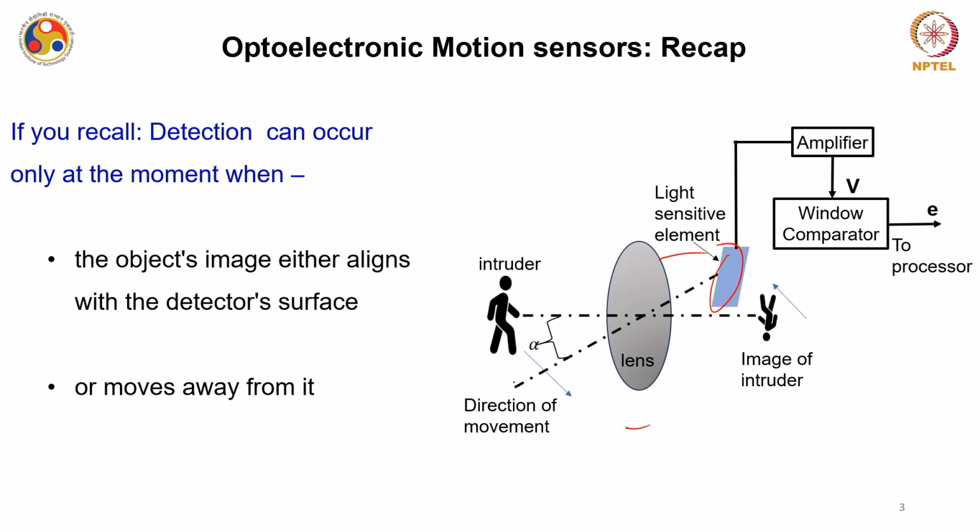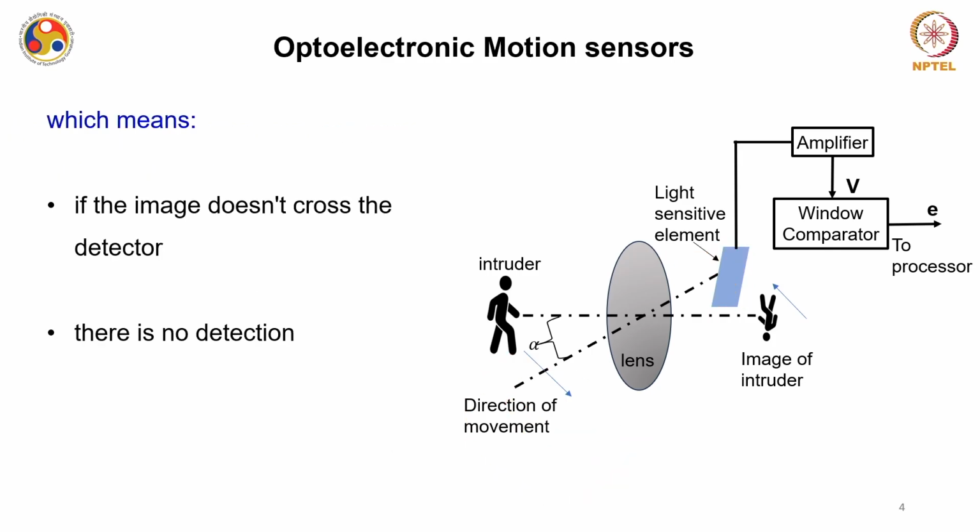We have seen this with one example: if the intruder is moving in this direction, no object image is forming on this light sensitive element, because this is a single pixel kind of camera we have imagined. So, we cannot detect if the movement is in this area. If the image does not cross the detector, there is no detection.